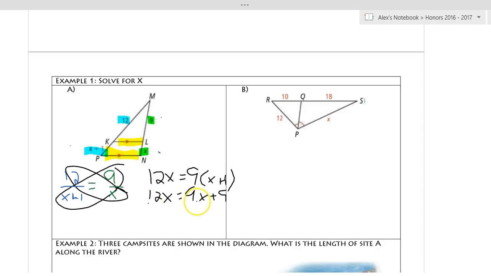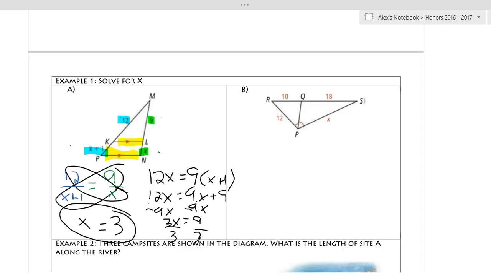Since there's an x on both sides, I have to move one of those. I'm going to choose the 9x because there's also that 9 on that side. So 12x minus 9x is 3x, right, and 9. Then, just dividing by 3, and I get x equals 3 for this one.